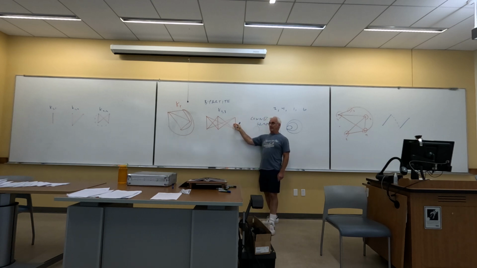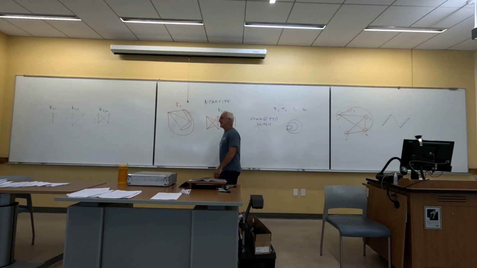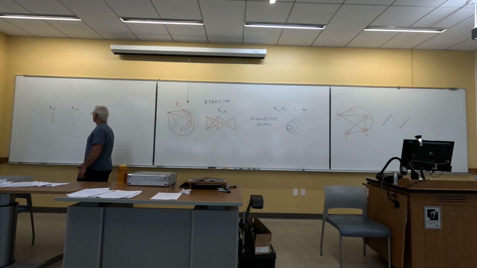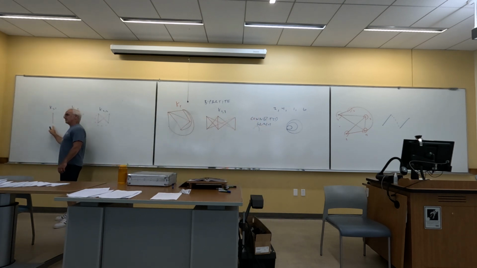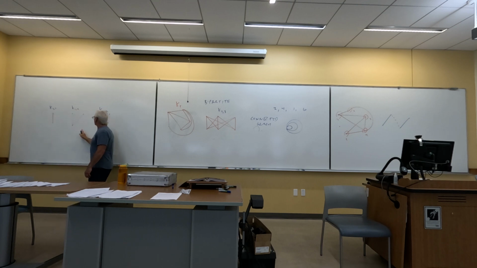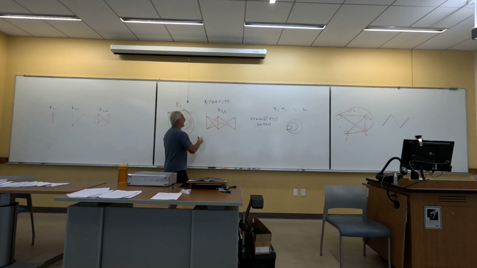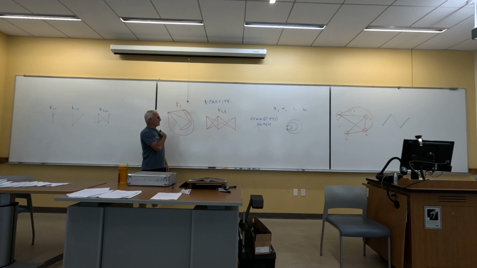This is K33. How many edges are there? Well, let's start here. How many edges? 4. How many edges here? 9. You see a pattern. Hopefully you do. By the way, 2 giving you 4 doesn't help.